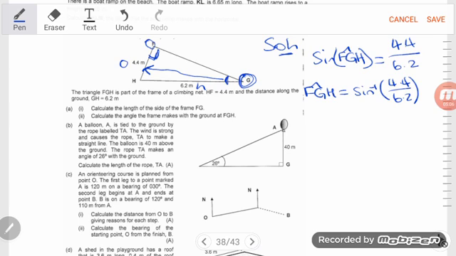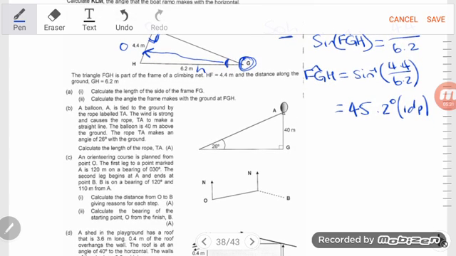Okay, and we should get something like 45, somewhere around 45 degrees. 45.2 degrees. Okay, 1 decimal place. And then that's part A answered.